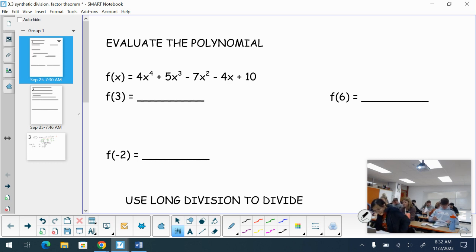We have f of x equals 4x to the 4th plus 5x cubed minus 7x squared minus 4x plus 10. I want you to evaluate that function at a value of 3, which means our x value is a value of 3. So you're putting in 3 for all of our x's and coming up with a value.